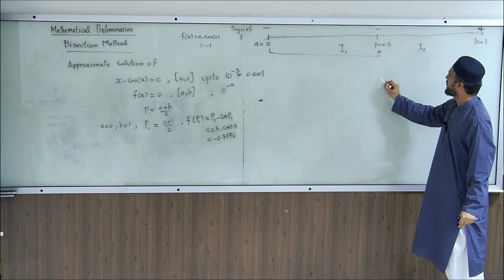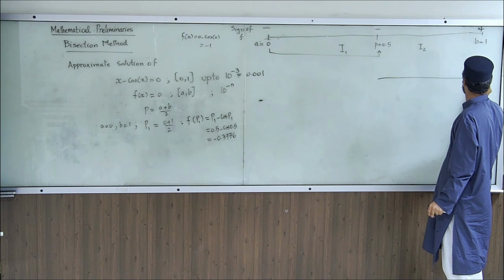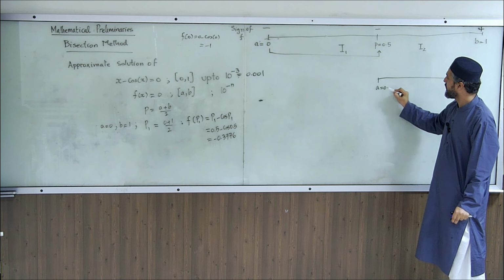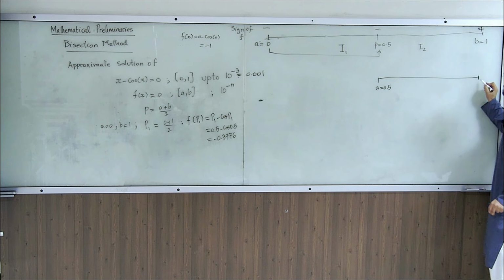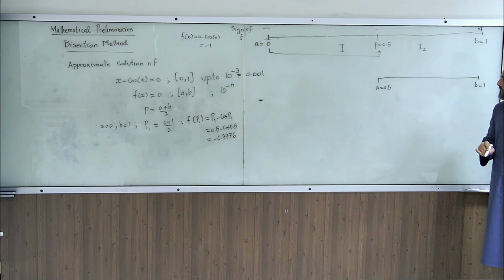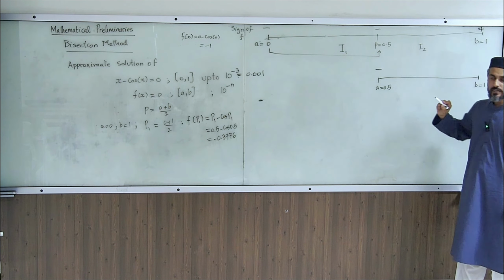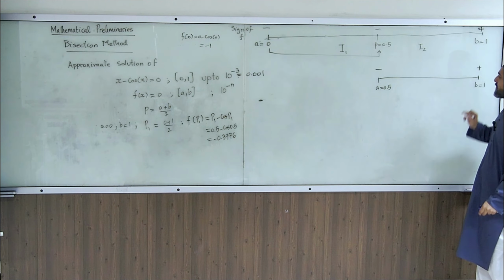Let me write over here, this is A, which now has a value 0.5, and B has a value 1. At A we have a sign negative, at B we have a sign positive.